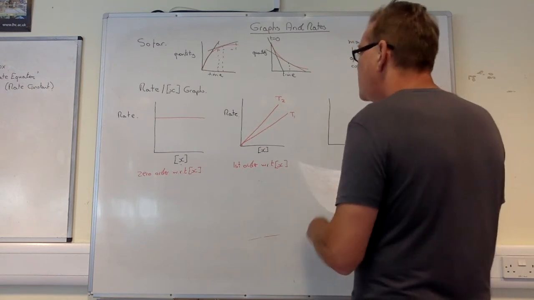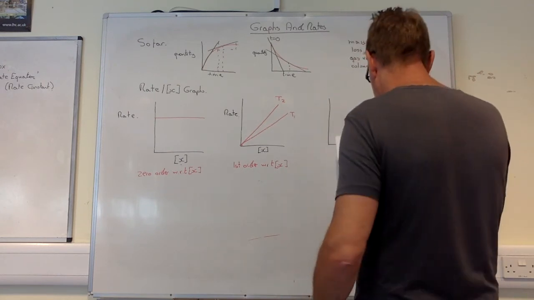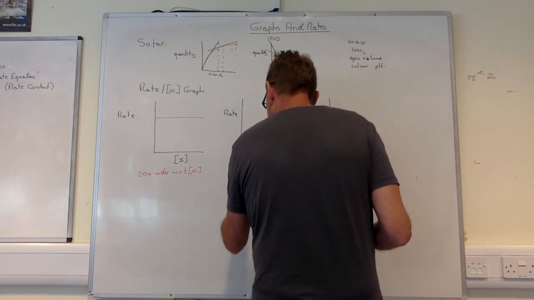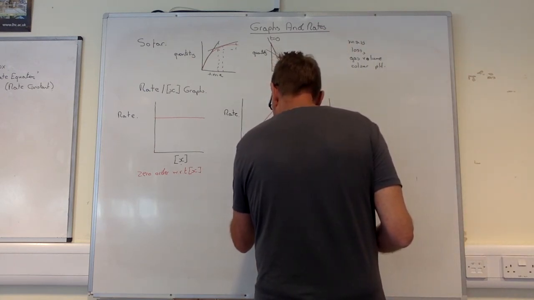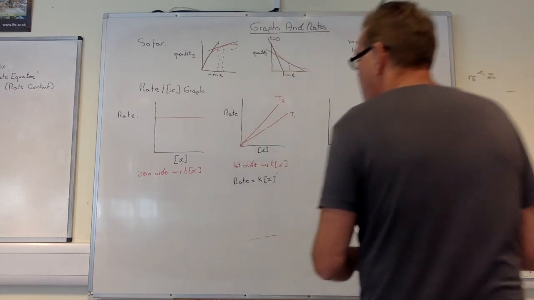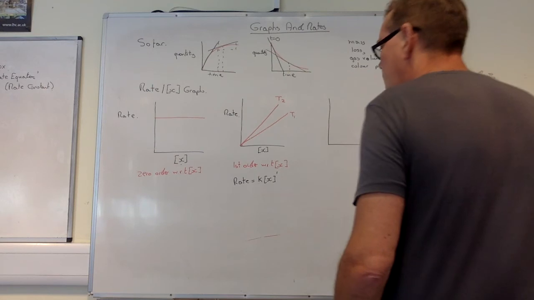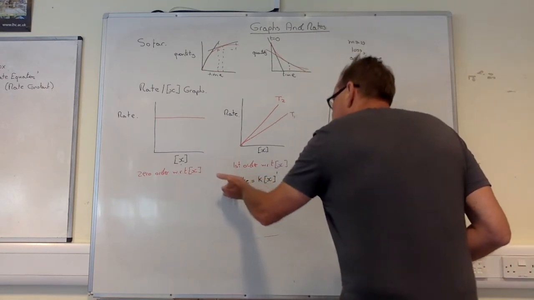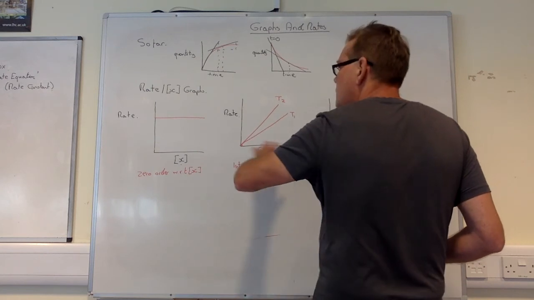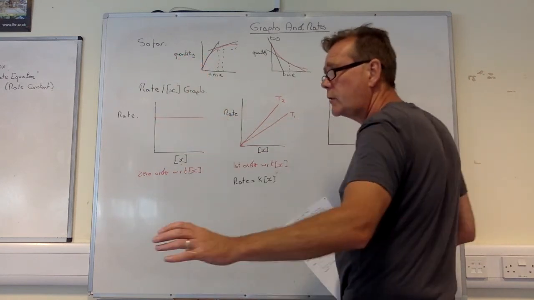Now, what can you glean from that? Rate is equal to K, concentration of X, first order. Right, so you can deduce the whole of this. There might be other evidence for other reactants. Okay, you might just get completely graphical evidence.